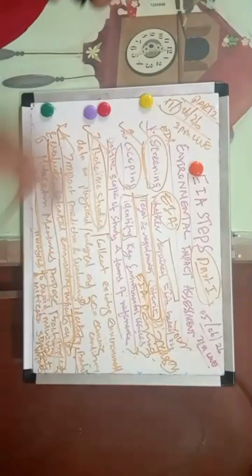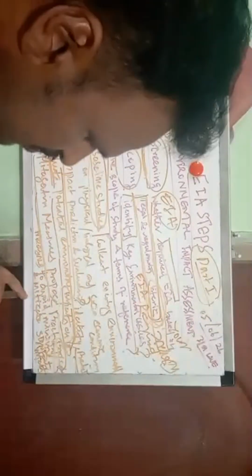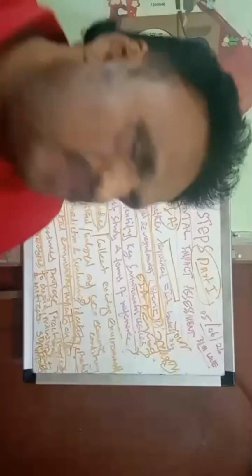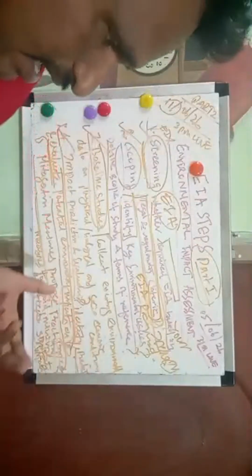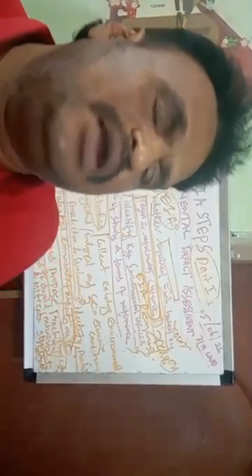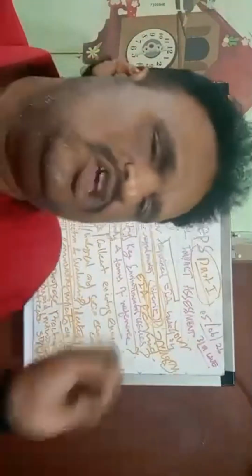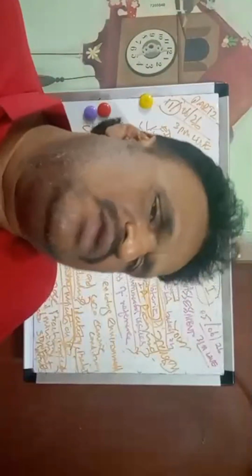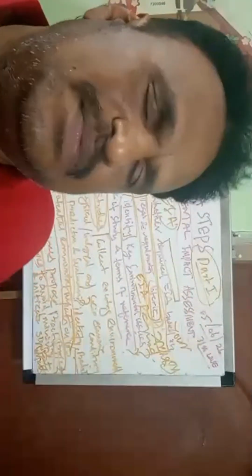These are the mitigation proposals in case a chemical industry comes to that area. You are giving how you are going to mitigate the environmental impact and save the environment. That is your commitment. These five steps you have to do first. After that, other steps come.